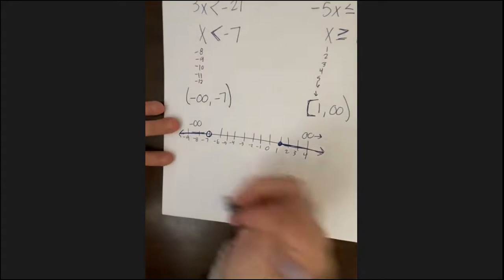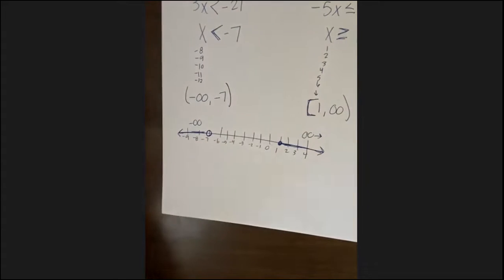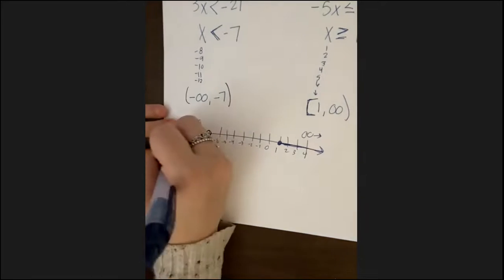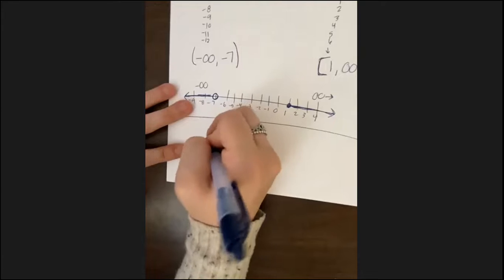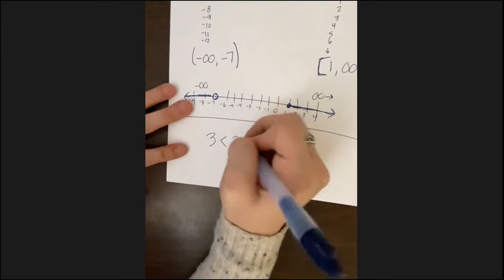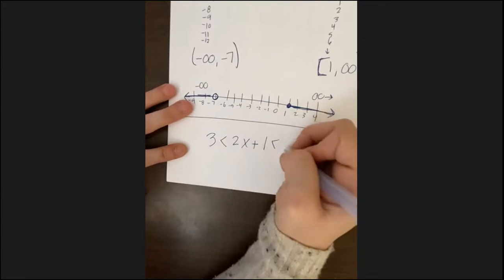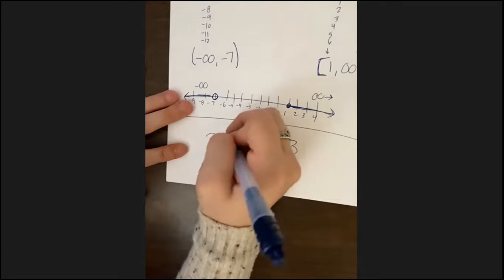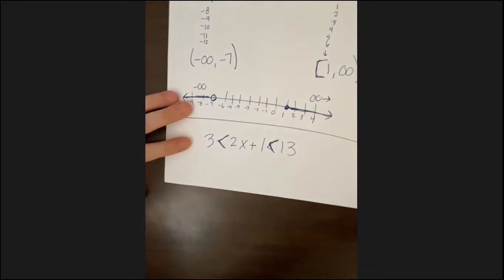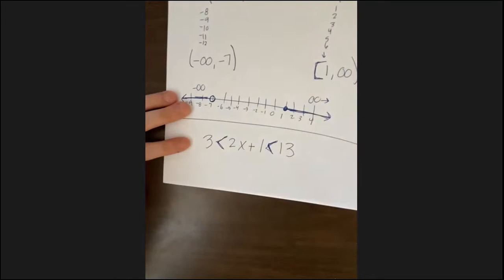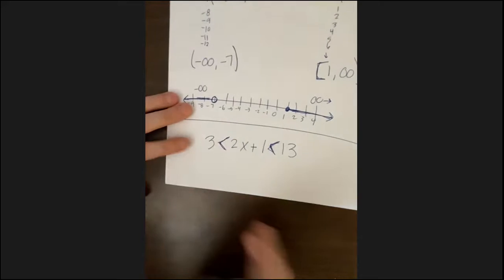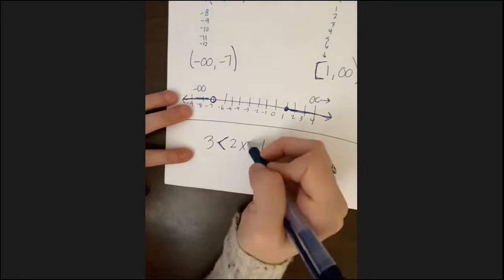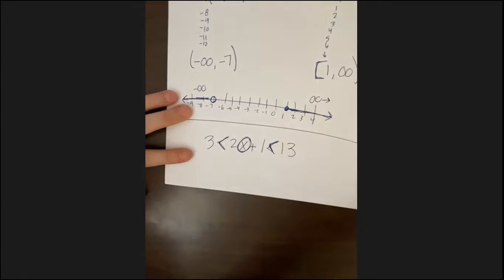Y'all will have, let me get a problem real quick. That has and. It doesn't say and, it's going to look like this. When you get a problem like this, these are the two signs. When you get a problem like this, so we need to get this alone.